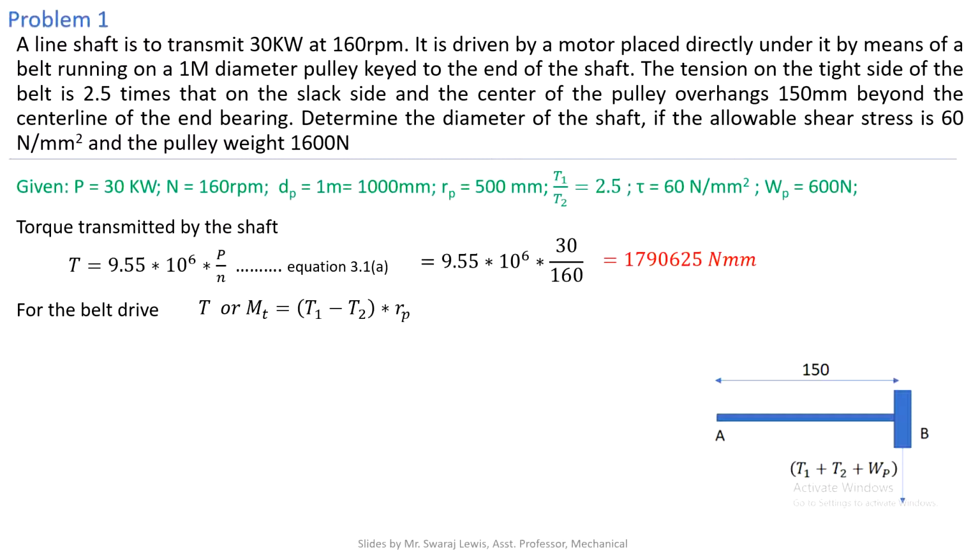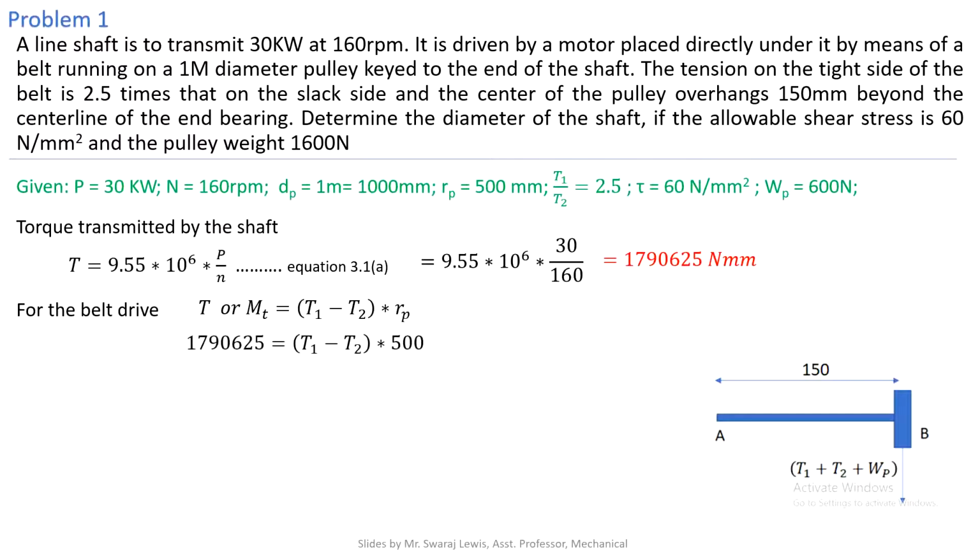So if you have a pulley of a given diameter, the tension on the tight side and the tension on the slack side, the difference into radius gives you the torque or a couple. That is the force required to rotate the pulley.